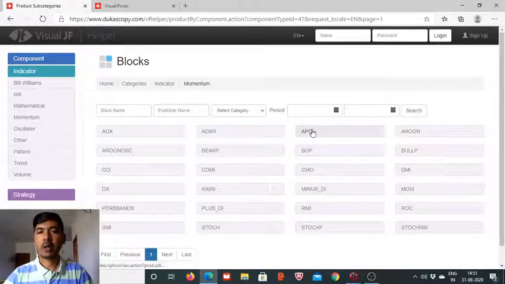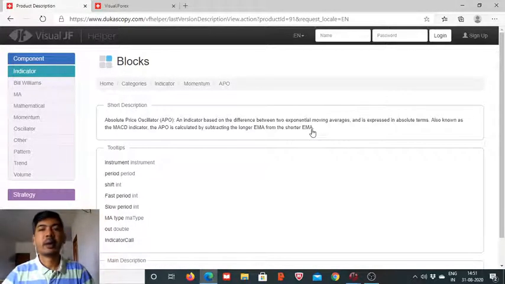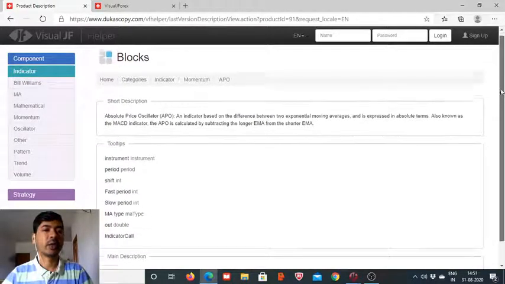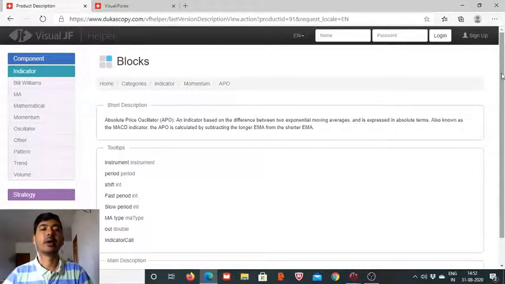So depending on how this indicator is showing the values, whether the difference is on the rise or it's falling, we can take a considered approach to the trade setup. As you can see from this short description, we can take various moving averages.